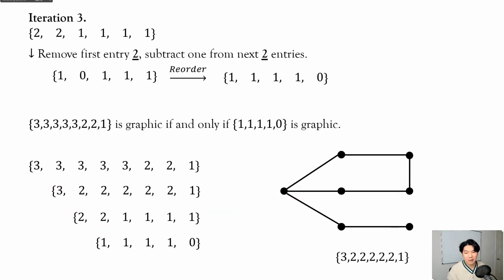Let's see if it matches 3, 5 2s, and a 1. Let's see, I have a vertex of degree 3. I need 5 vertices of degree 2. 1, 2, 3, 4, 5. And then 1 vertex of degree 1. So we're good here.